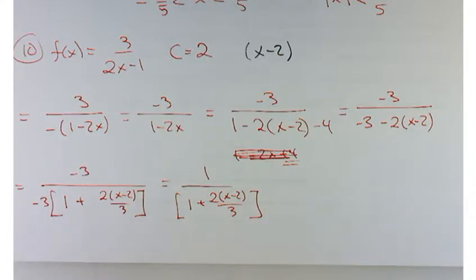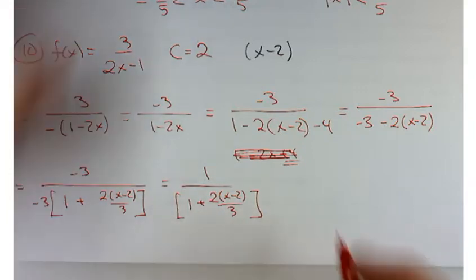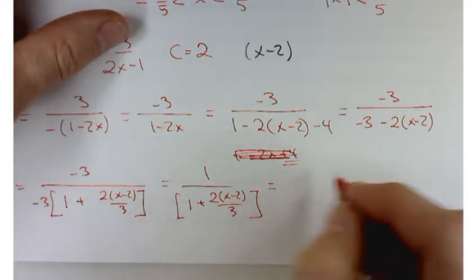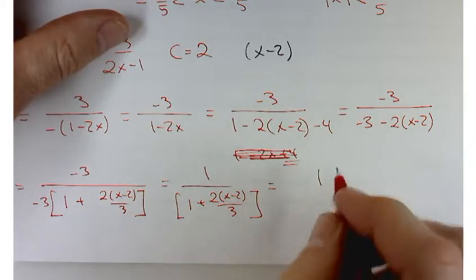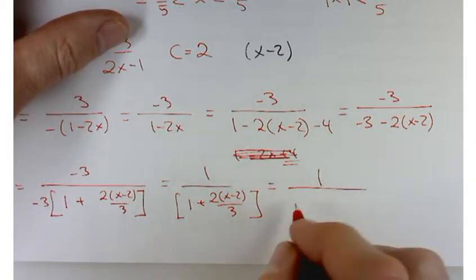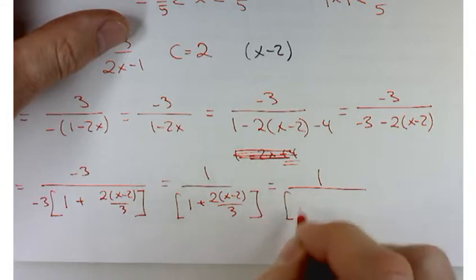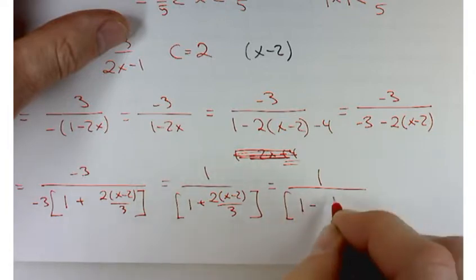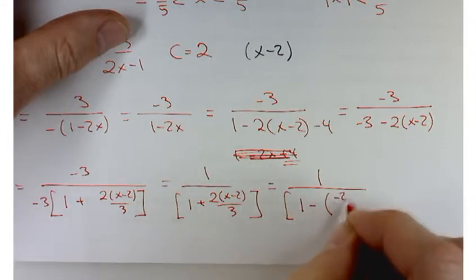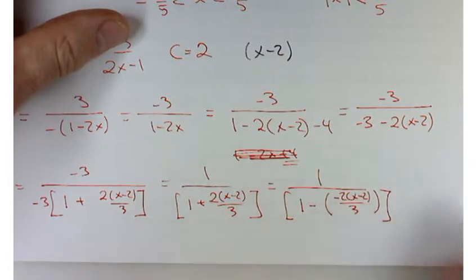And I'm almost there. The only thing wrong is I got a plus here and I need a minus. So what I'll do is add the opposite, or I can turn this into a subtraction like this. 1 minus negative 2 times x minus 2 over 3.